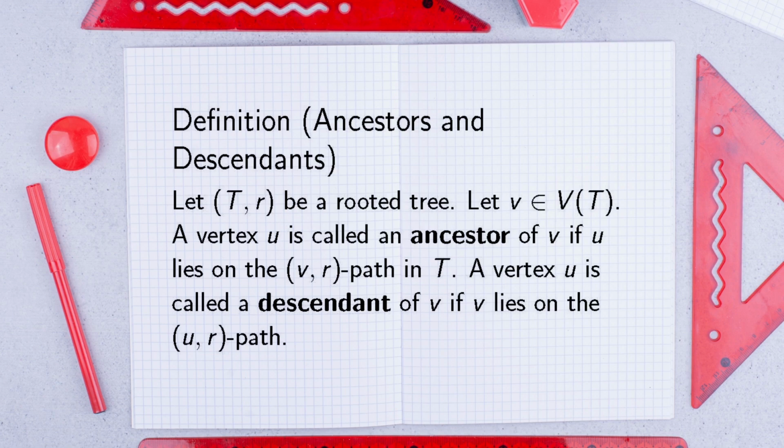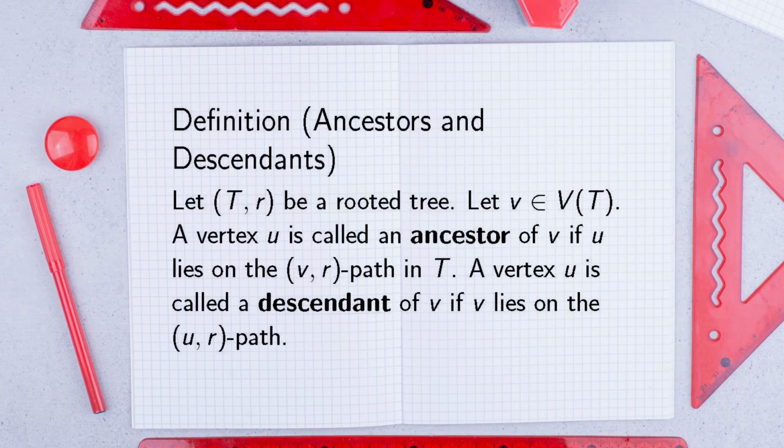Consider a rooted tree T, R, and let V belong to V of T. Then a vertex U is called an ancestor of V if U lies on the V-R path in T. That is, if U lies on the path from V to R, then U is called an ancestor of V. So suppose here is your root and this is your vertex V, and if U lies somewhere on this path, then U is an ancestor of V.